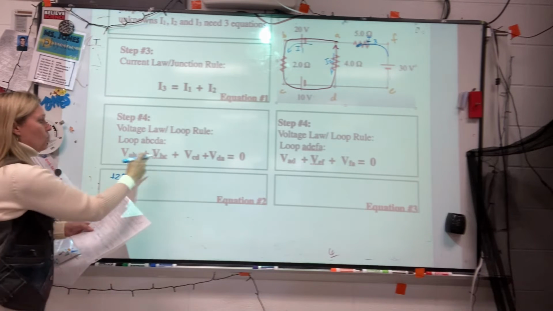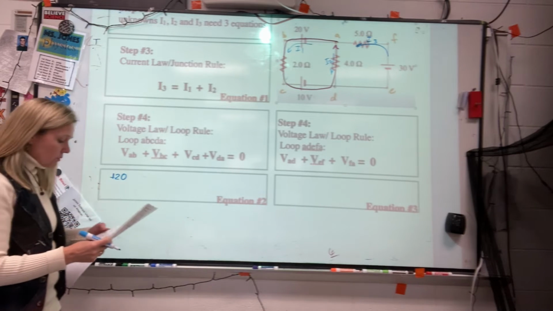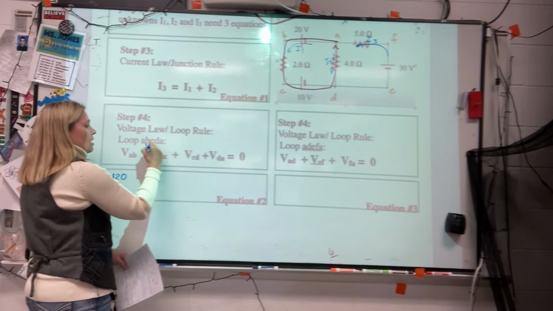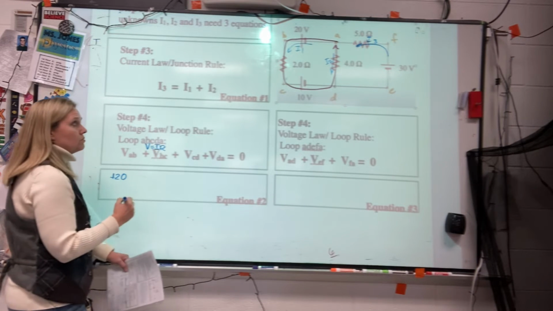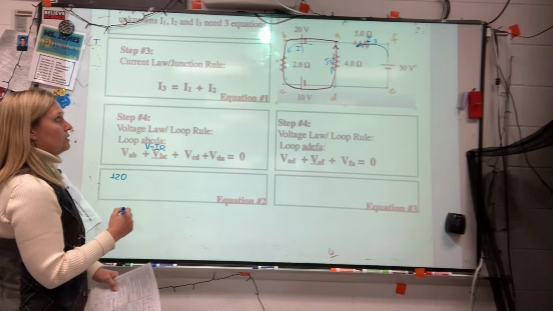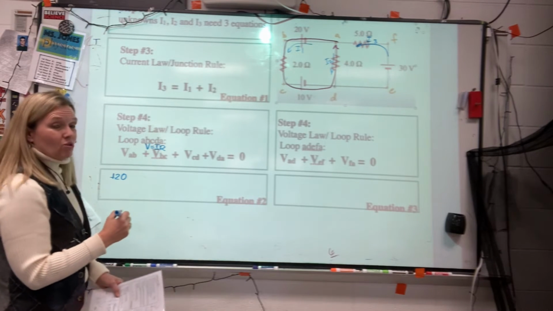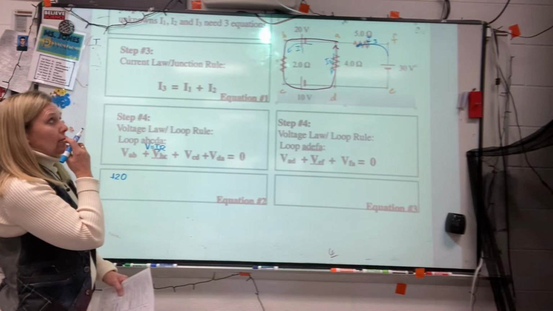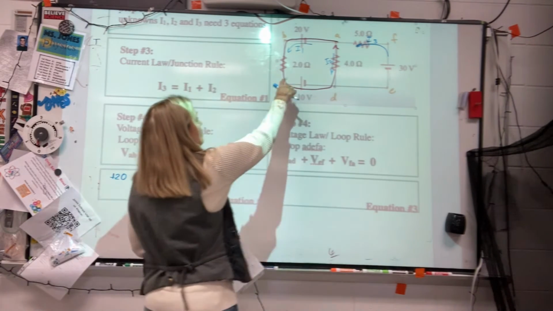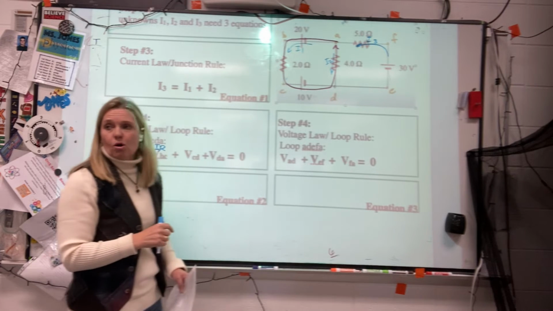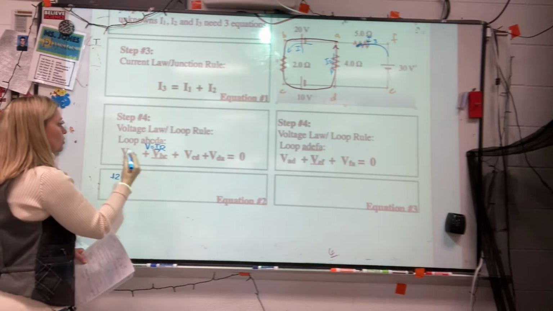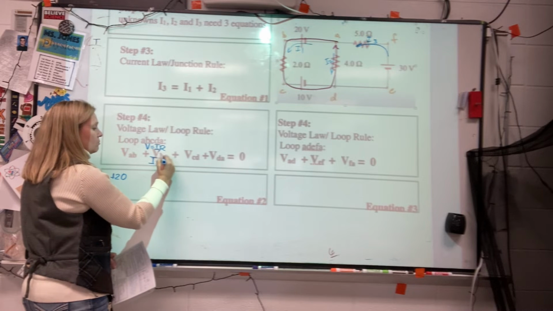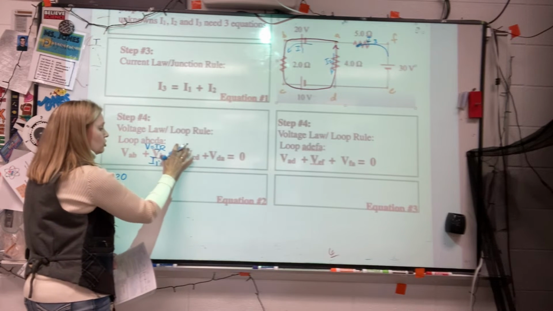Now, what about VBC? For VBC, we're going to apply V equals IR. We don't know I, but it's going to be I1, and our R is luckily a nice small number, 2 ohms. So you would have I1 times R, and my R is 2.